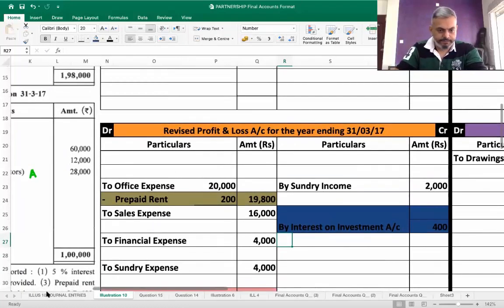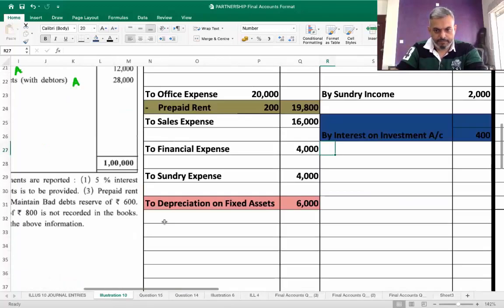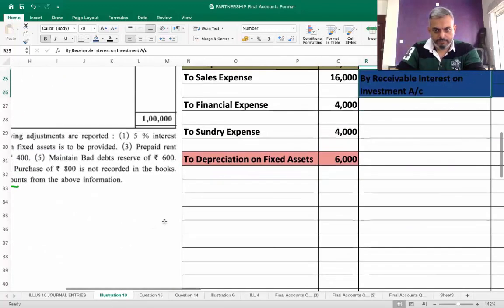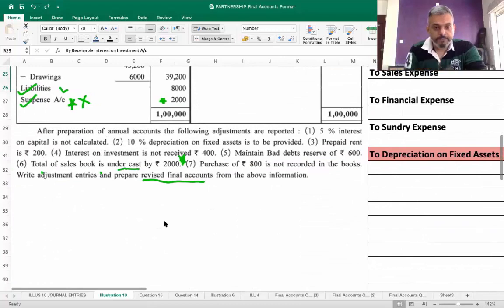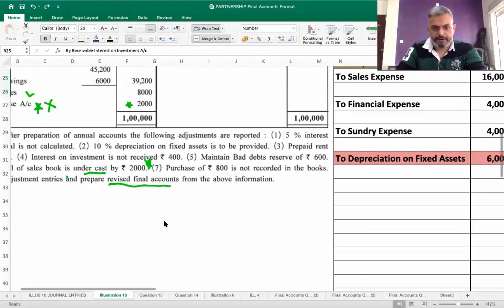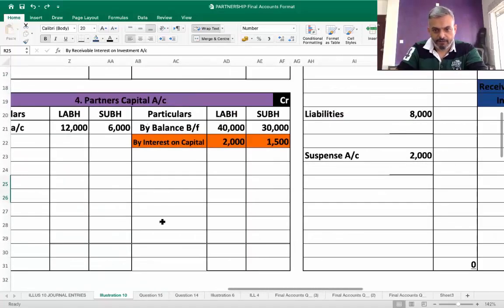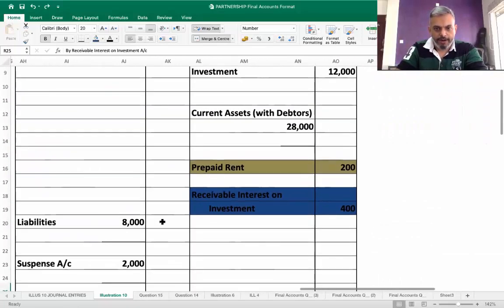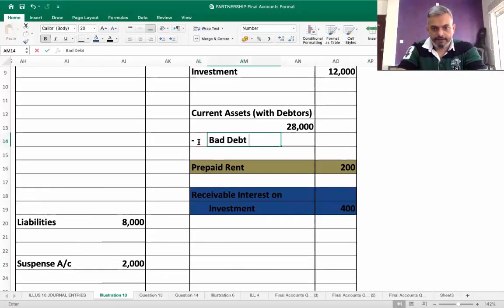Next, maintain bad debt reserve of 600. So 600 bad debt reserve will be provided on debtors. So minus bad debt reserve as per adjustment 600, 27,400.